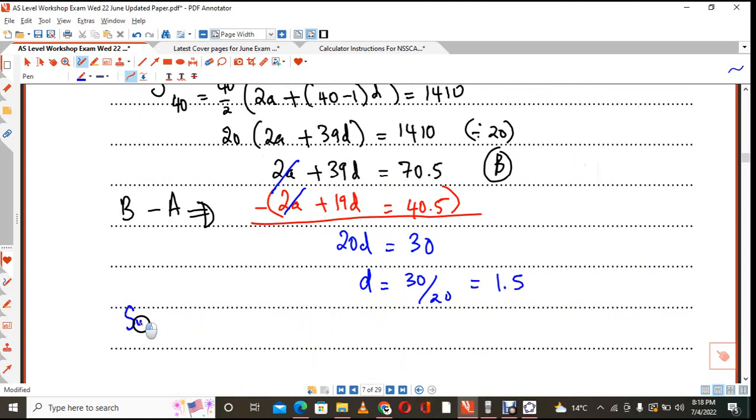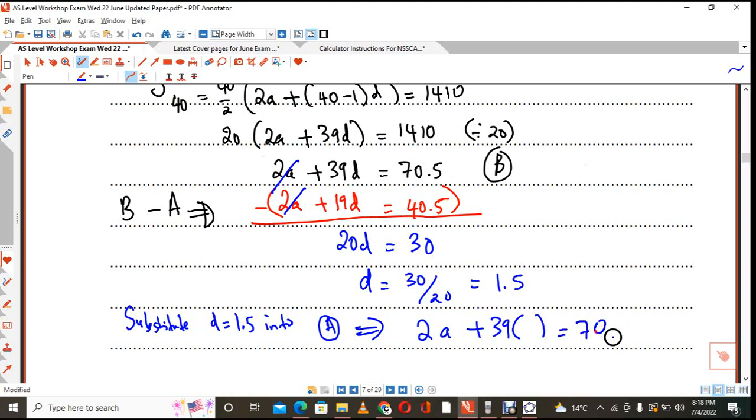Now you can actually solve to find the value of A. You can substitute d equals 1.5 into A or B. It doesn't matter which equation you substitute it into. So I'm just going to substitute into A. So what was our A? It is 2A plus 39d equals 70.5, and we said that d is 1.5.